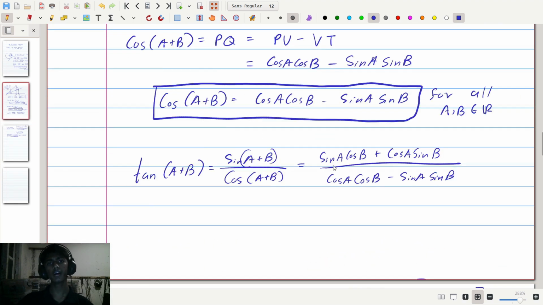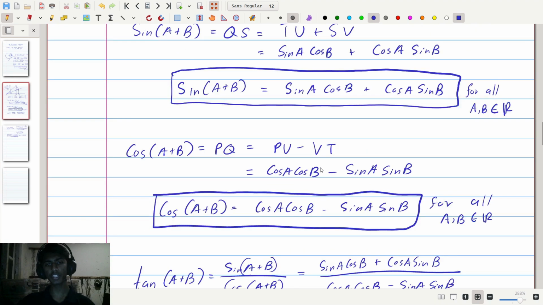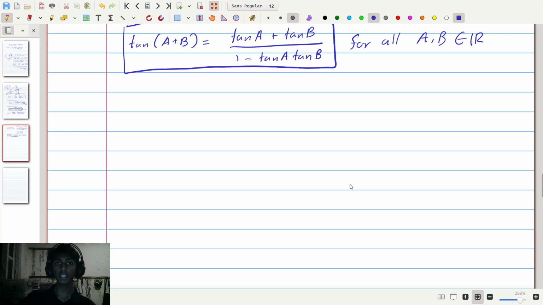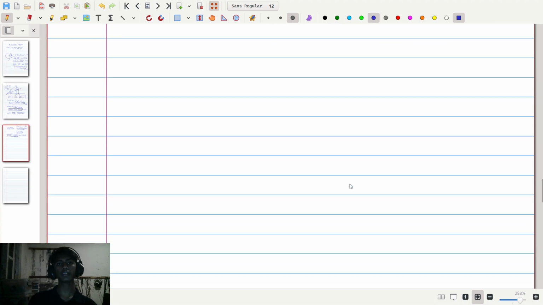Before we get to there, I want to point out the use case of these identities. So we can do sine of a plus b, cosine of a plus b, and tan of a plus b. This is useful if we want to find tan values, sine values, and cosine values that we do not know. For example, let's say I wanted to find the sine of 75.